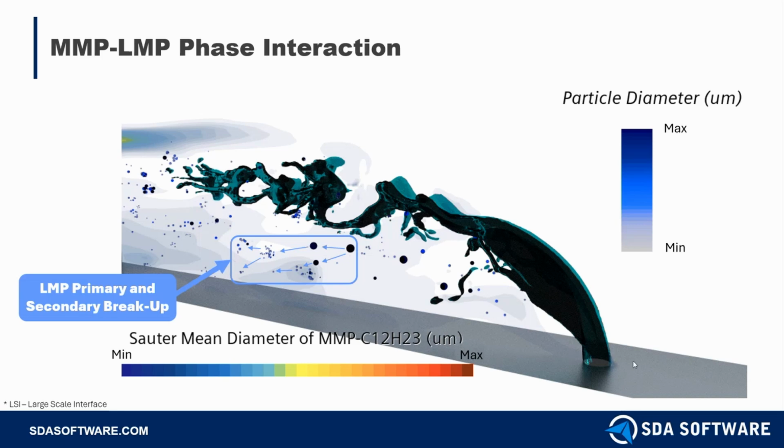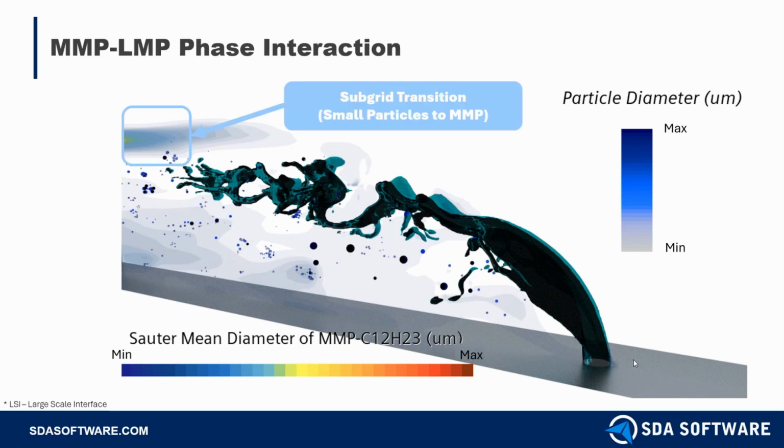Since these tiny particles are large in quantity but small in volume, it is suitable to model them as dispersed MMP, given their low volume fraction. And the transition, like I mentioned before, can be handled by the subgrid transition model to transform the tiny LMP particles back to the dispersed MMP.